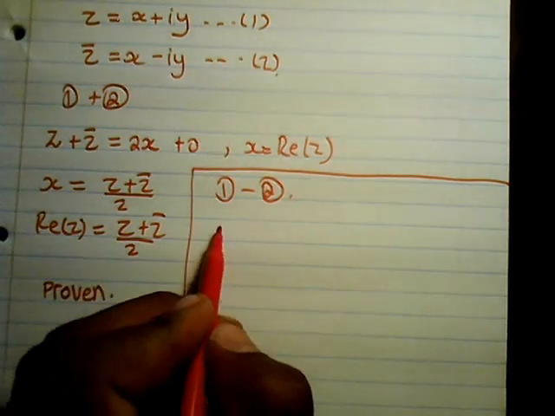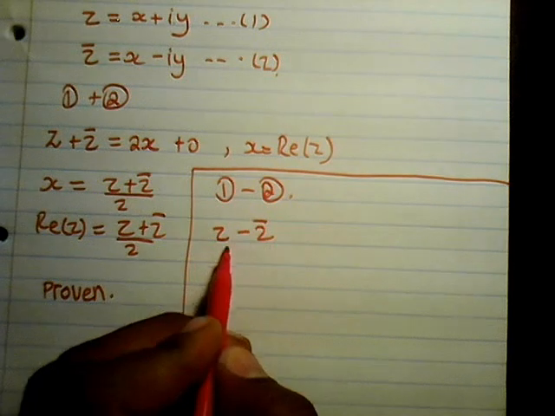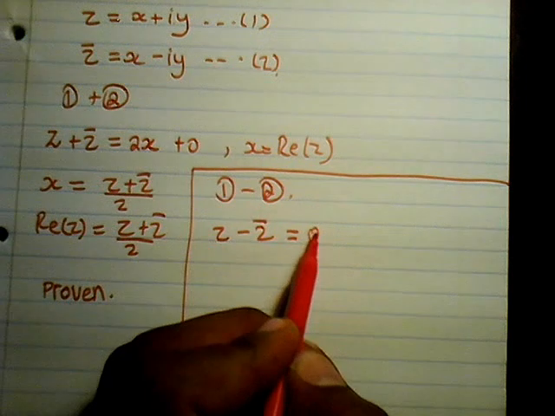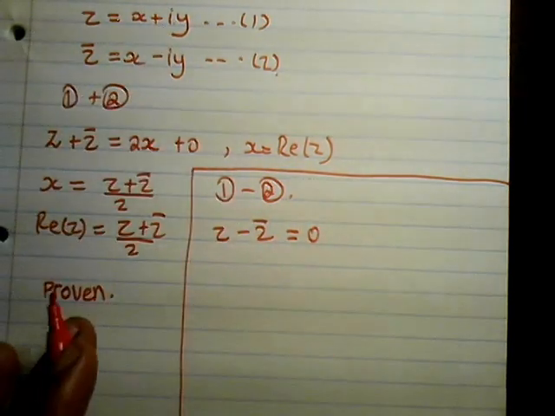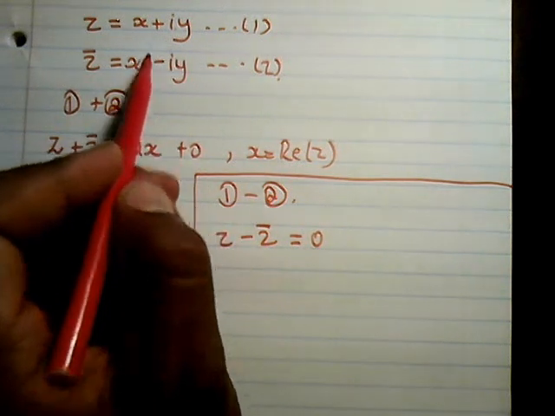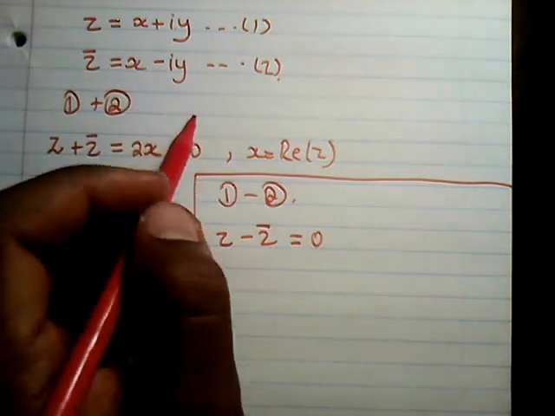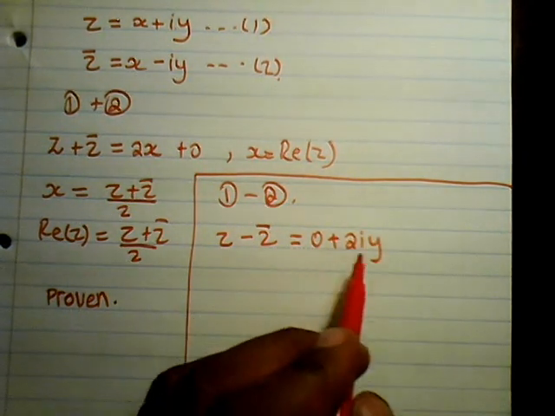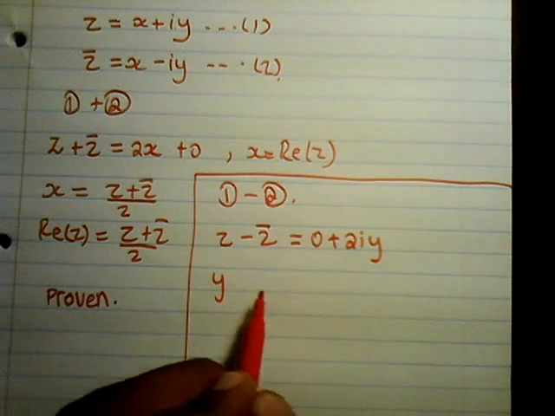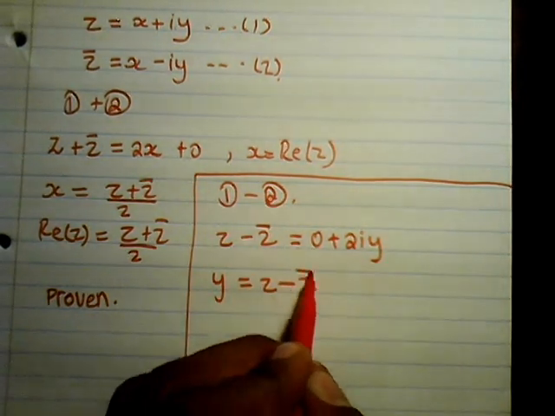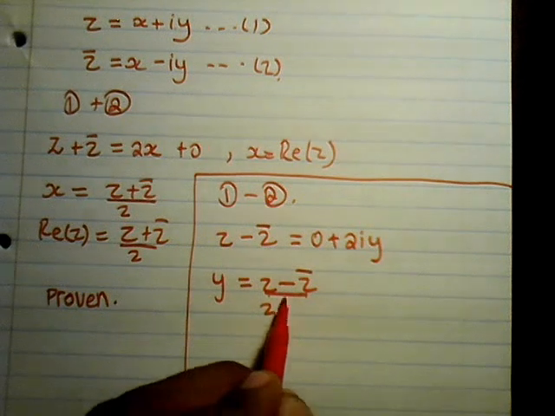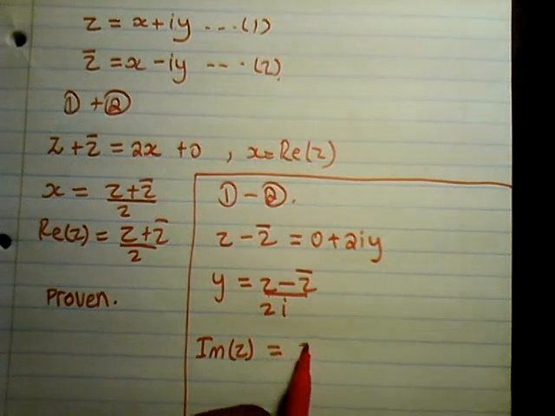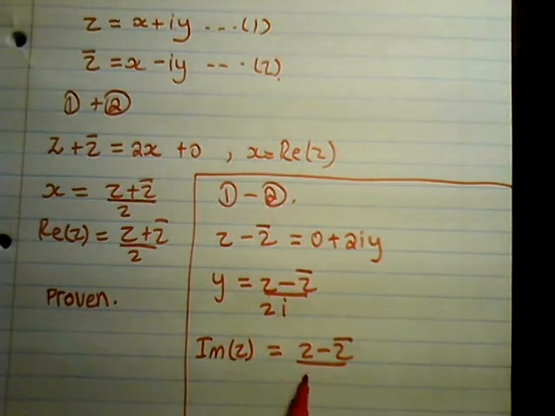Okay, so we're gonna have Z minus Z bar is equal to X minus X, we get 0, and then iY minus negative iY, we get 2iY, so we get plus 2iY. When we solve for Y, Y is equal to (Z minus Z bar) divided by 2i, which is Im of Z is equal to (Z minus Z bar) divided by 2i.